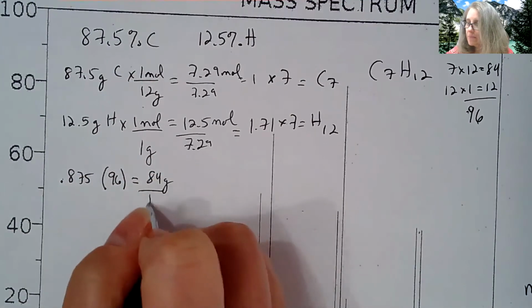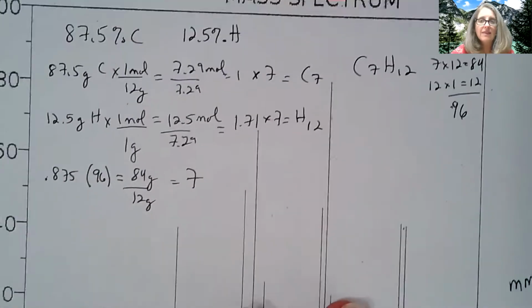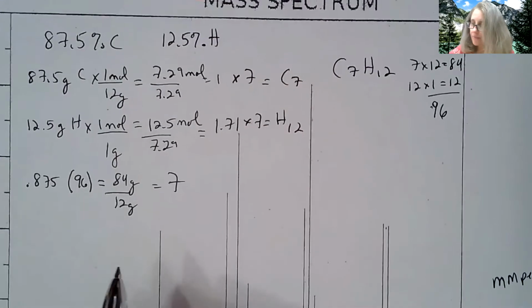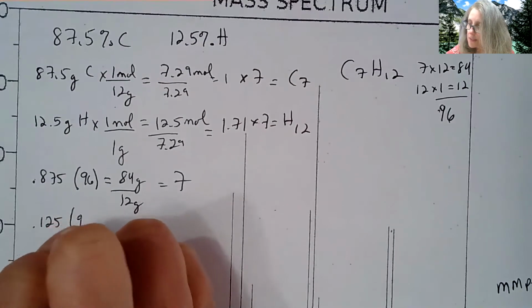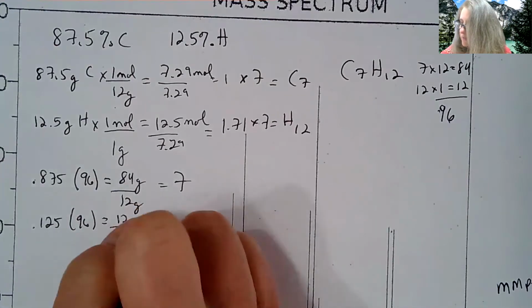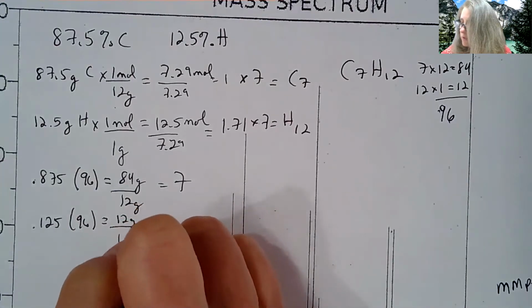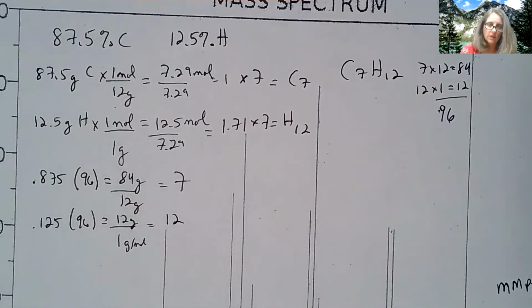If I divide that by 12, the molar mass of carbon, I get 7, and that is how many carbons I have. Then you could take the 0.125 times the 96. I didn't work this one out because I know the answer: it comes out to be 12, divided by 1 gram per mole, that gives me 12. So that's two different ways you could do these types of problems.